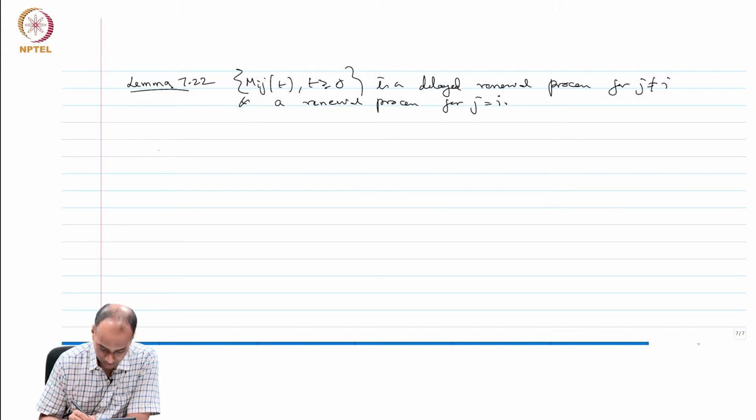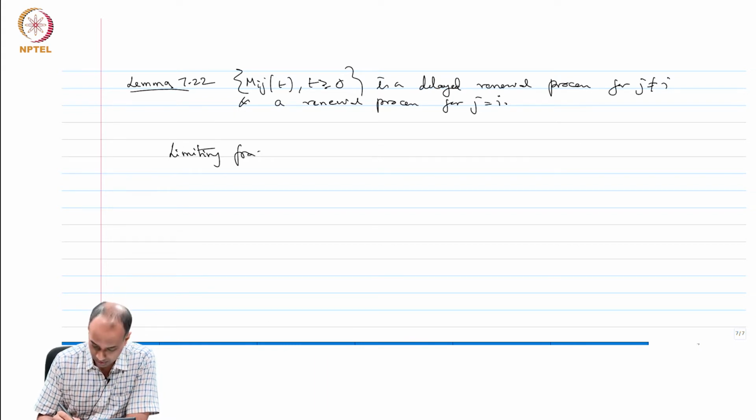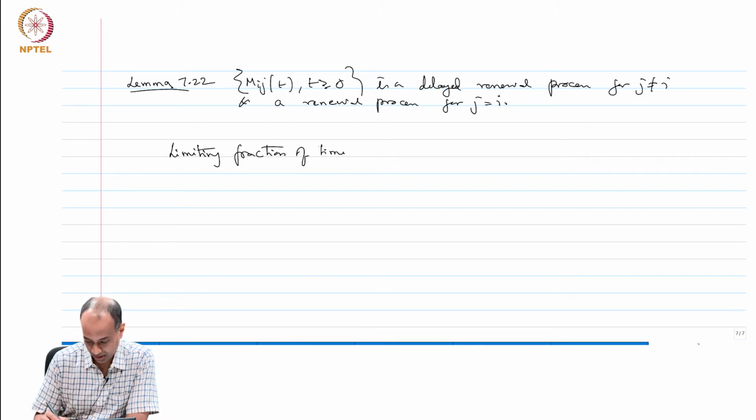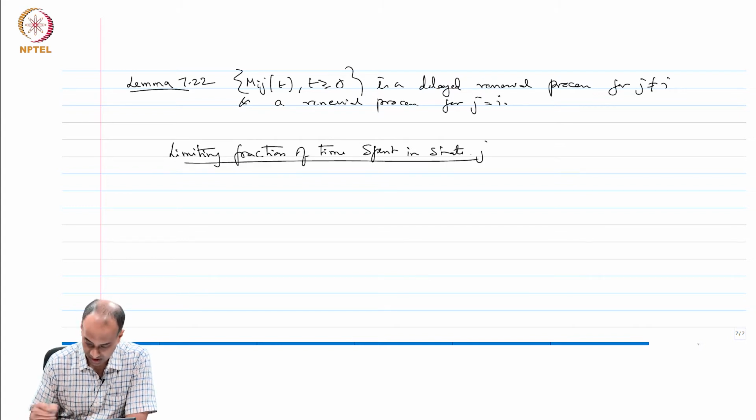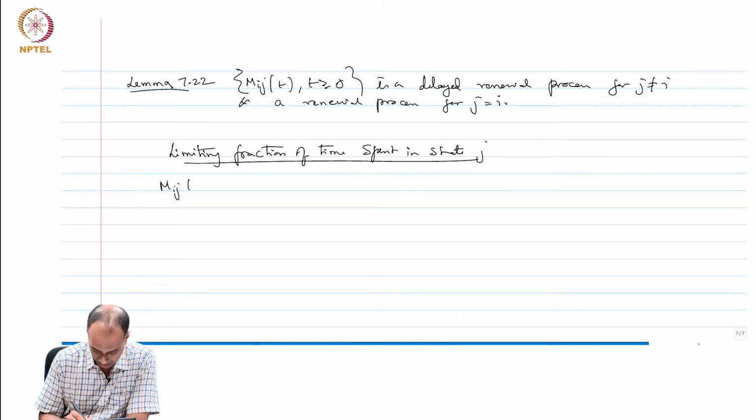So now I am going to look at the limiting fraction of time spent in state j. Now that I have a delayed renewal process, I can use some renewal reward arguments. So I am going to look at the delayed renewal process Mij of t.